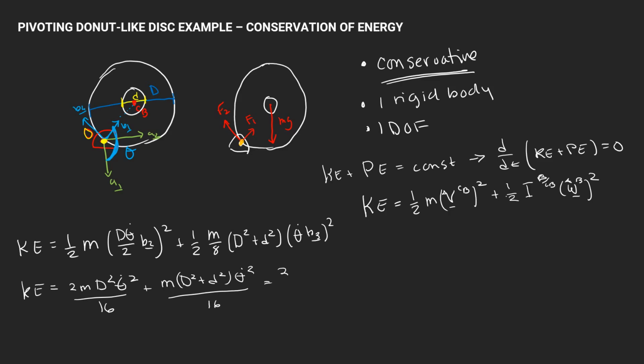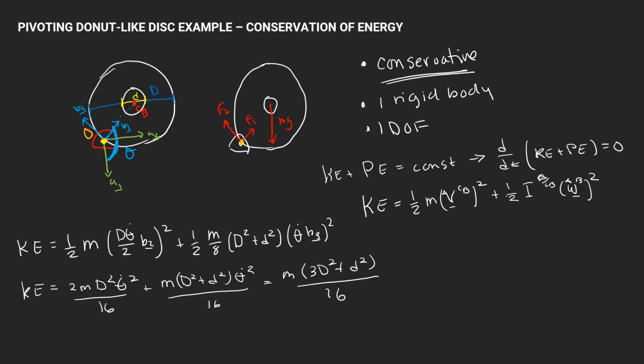So we end up with, sorry, we get m times 3D squared plus little d squared over 16.